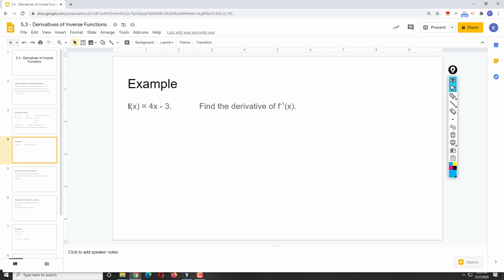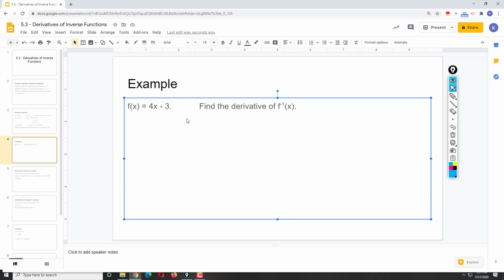Example, f of x equals 4x minus 3. We want to find the derivative of the inverse of x, f to the negative 1 of x. First, let's find f to the negative 1 of x. Remember to find the inverse, I'm going to start with y equals 4x minus 3.